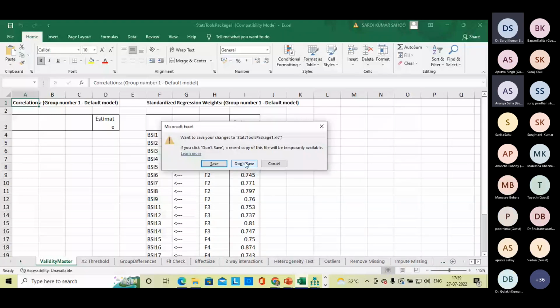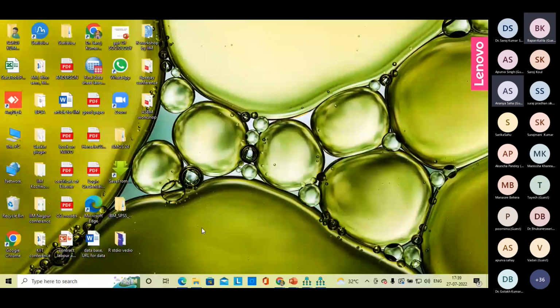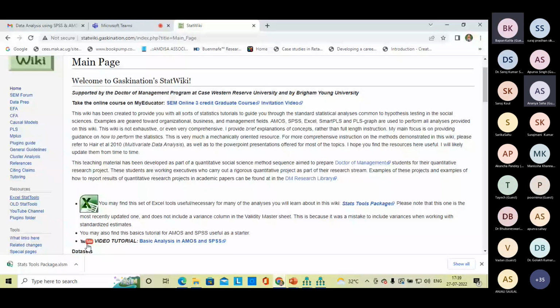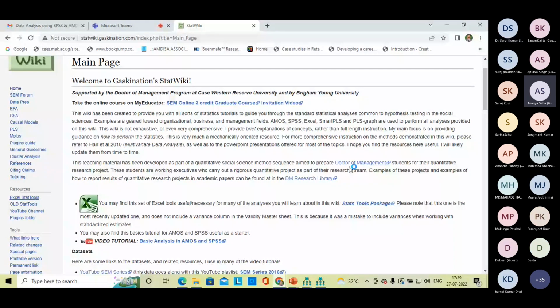Anybody successfully clicked and got the output?